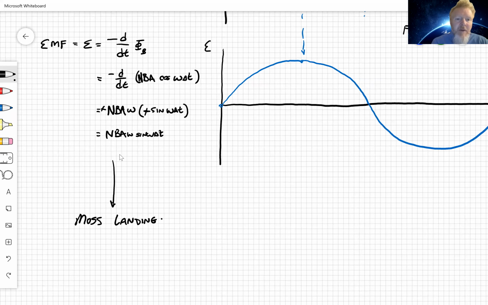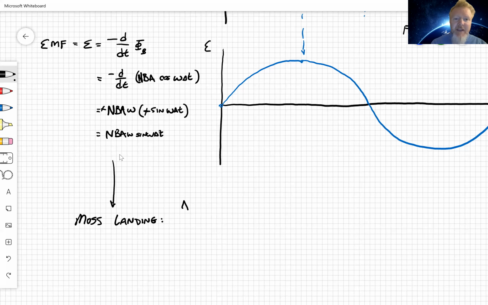If you go to the Moss Landing website, they have a power plant there. I mean, when I say Moss Landing, I'm sure there are many things in Moss Landing, but when I say Moss Landing, I mean the power plant. Moss Landing has a power plant which has some coils. I looked up the numbers here.